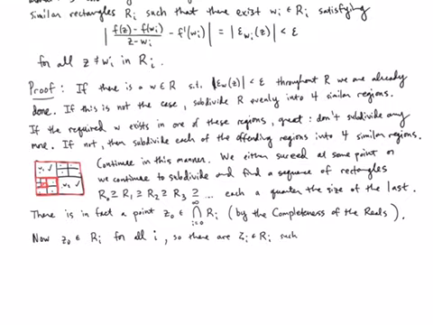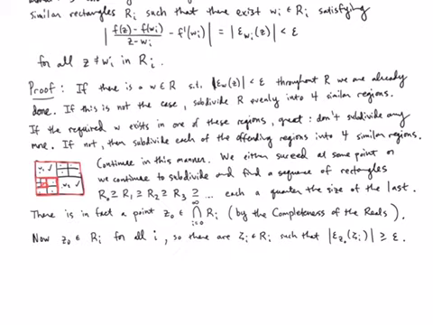such that the error at Z0 of zeta i, in norm, is bigger than or equal to epsilon, right?